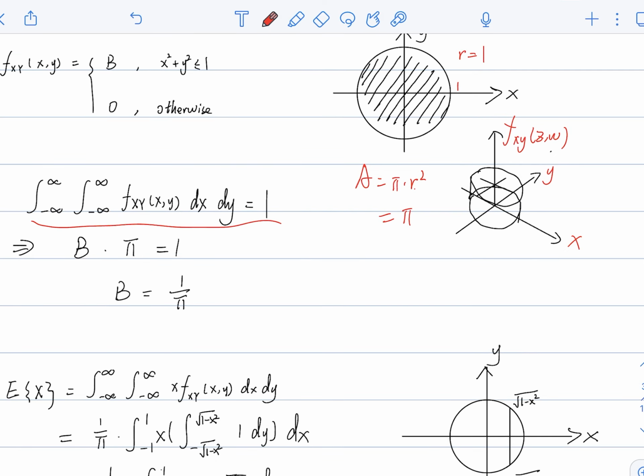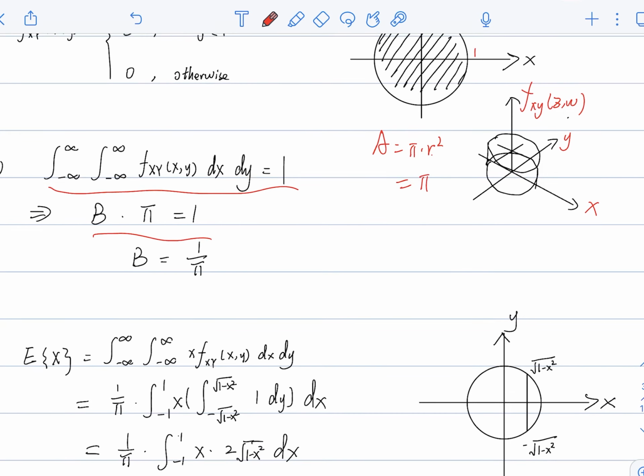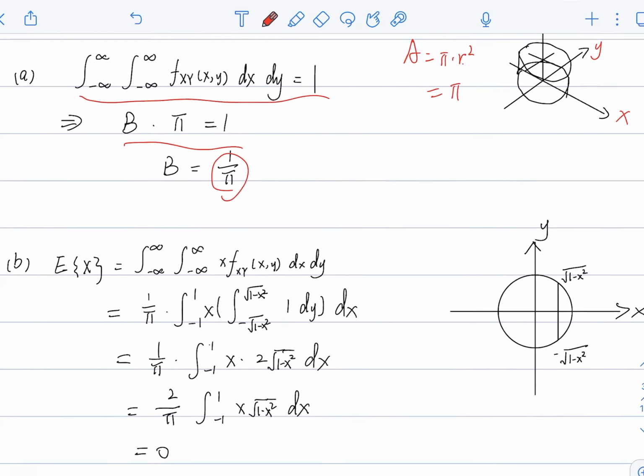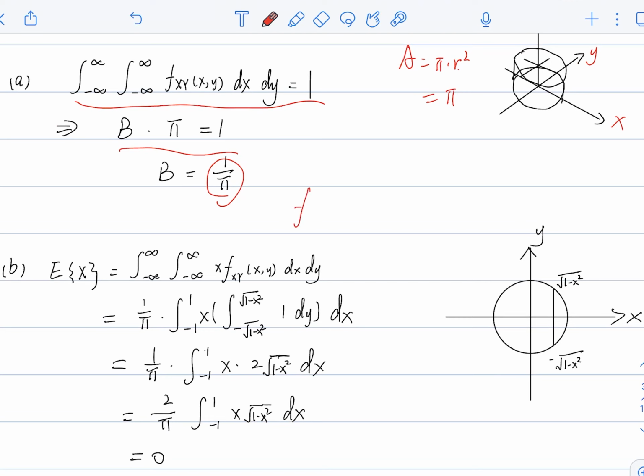Therefore, b multiplied by pi is equal to 1, so b is equal to 1 divided by pi. Now we get f(x,y) is equal to 1 divided by pi.